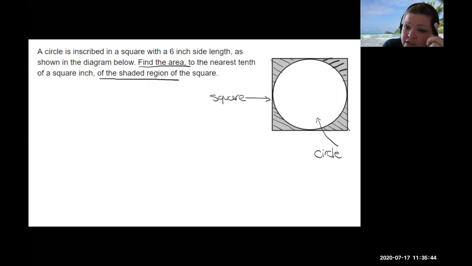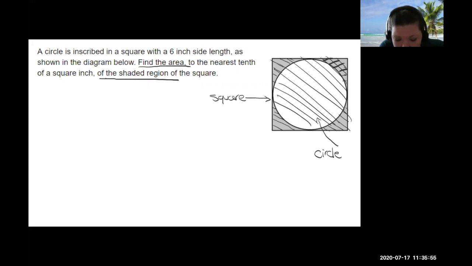Okay, so let's start. Let's deal with the square. We are finding the area. So let's imagine for now that this entire thing was shaded. We had just the area of this square. We would know how to do that. Any thoughts? 6 inches each side. Each side is 6 inches. I agree with that. So if I wanted to find the area, what does that mean for the area?